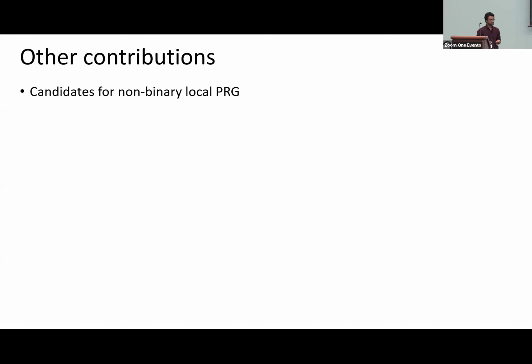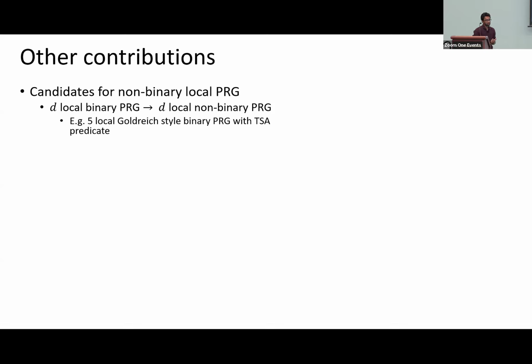In our paper, we also explore different candidates for non-binary local PRG. So as a naive observation, any D-local binary PRG can be used to get a D-local non-binary PRG simply by running many copies of it. And for a D-local binary PRG, you can instantiate it, for example, using a 5-local Goldreich-style PRG with the TSA predicate.